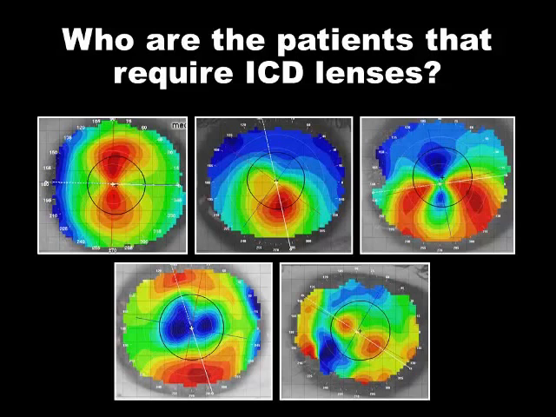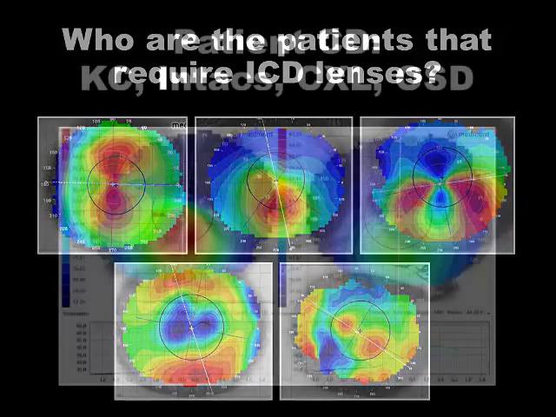So anytime you have a very unusual shaped cornea, then the ICD is probably the lens you want to choose. Being a larger diameter lens, 16.5, that allows for a great deal of area to vault. There's a lot of room underneath that optic zone or the central zones of the lens to clear any weird corneal shape that we might be dealing with.